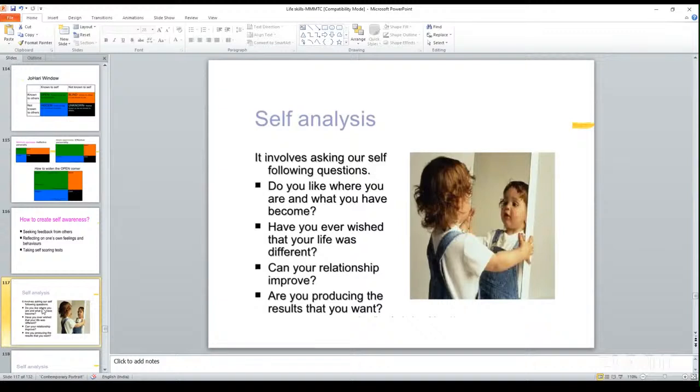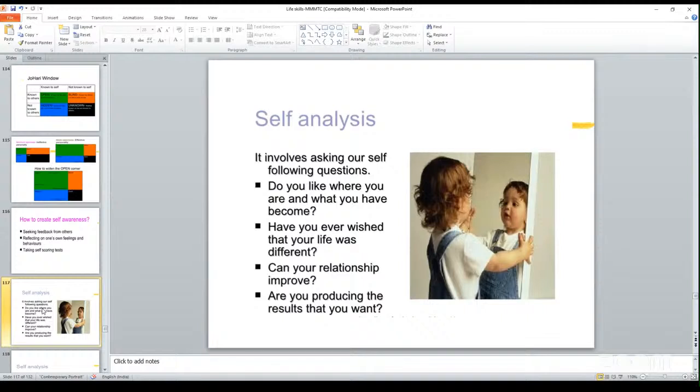It gives a lot of introspection. Have you ever wished that your life was different? If you say yes, that means it requires a change. Can your relationship improve? Again, a question for you. Are you producing the results that you want? Not only going and finishing the syllabus, not only managing as a spouse or husband or wife, but are you producing the results that you want?